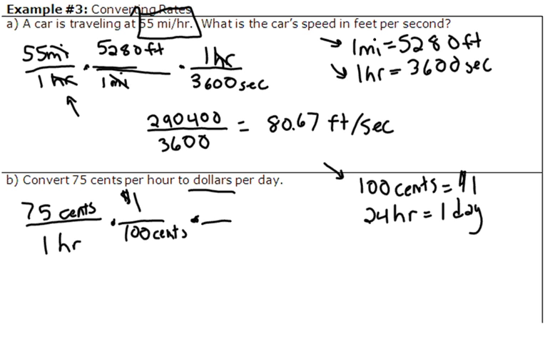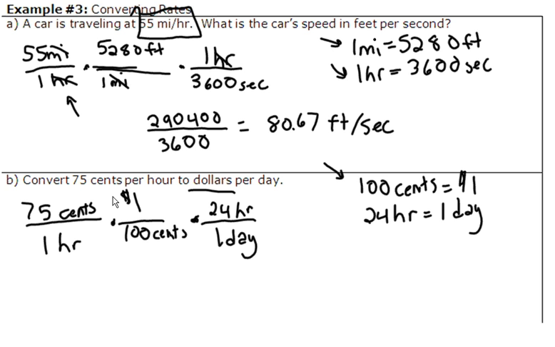Now, my next fraction, I'm changing hours to days. Since I want to go from hours to days, the 1 day would go in the denominator, the 24 hours would go in the numerator.